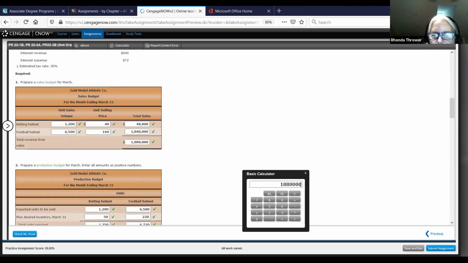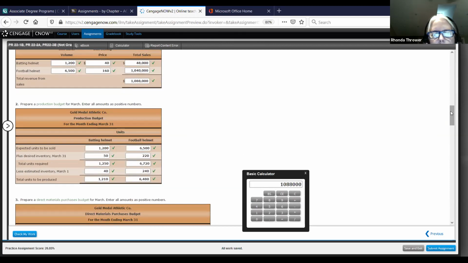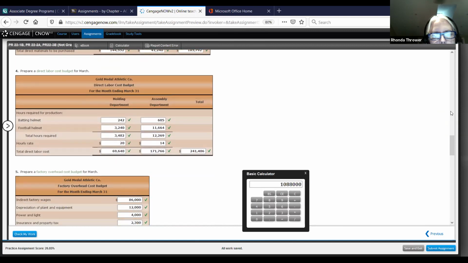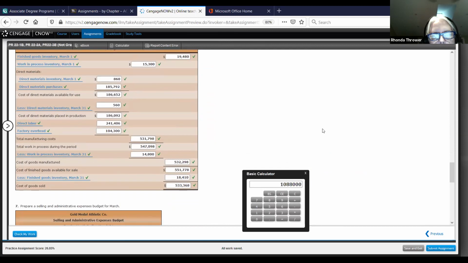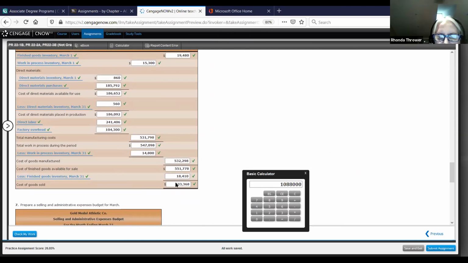All right, let me try this one more time. It's 1,088,000. And that comes from right here, the total sales. And we're going to subtract out the cost of goods sold, which was right here at $533,368.